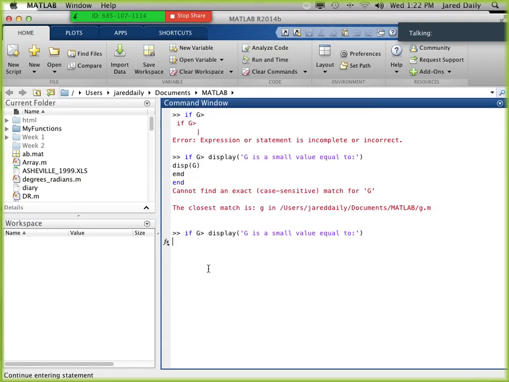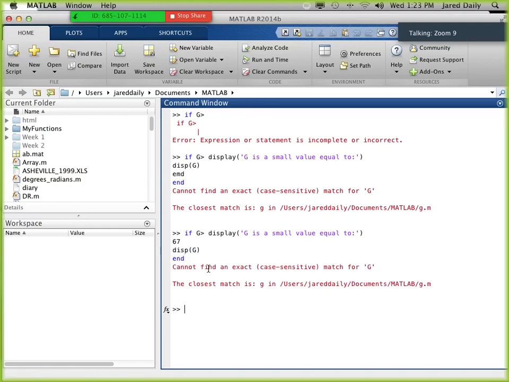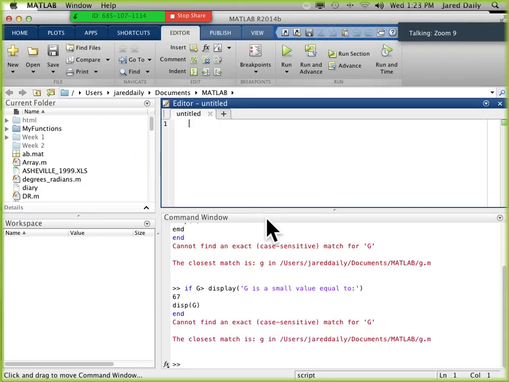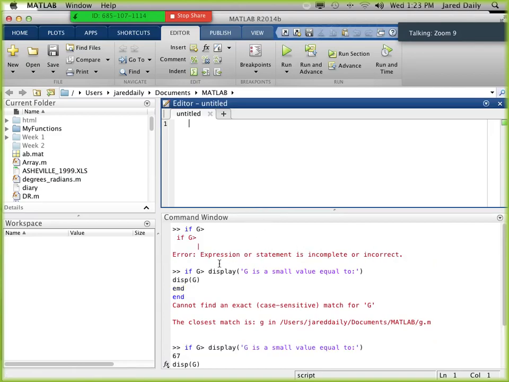So I'm going to enter 67, and then I'm going to display G. I think I'm going to have to write this in an M file anyway. Yeah, it's not going to run that way. There is a way to do it from the command window, but I can never remember how it's done. So let's just write a new script, and let's put this in here.